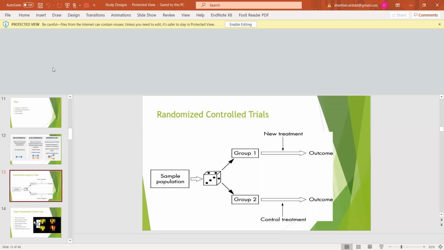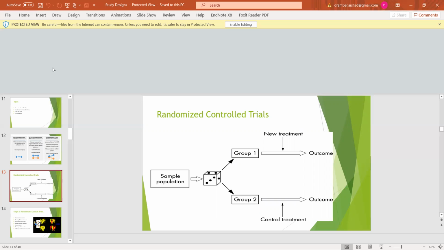This is the overview or diagram of the randomized control trial. A randomized control trial starts in a sample population, and after deciding the population, randomization is done on those who meet the inclusion criteria of the study design, and they are randomly allocated to group 1 and group 2.